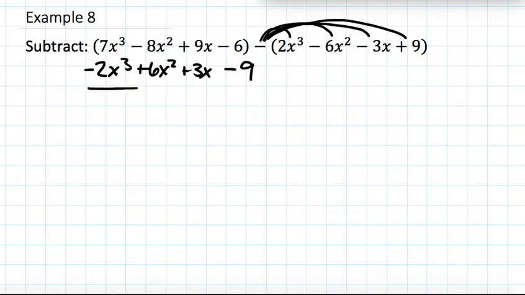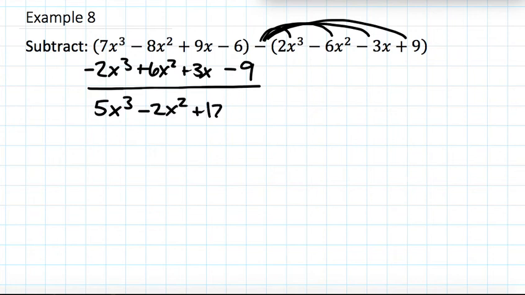So when I write it over here, I want to make sure that I have the minus sign already incorporated, so then I can just go through and add each one together. So 7 minus 2 is 5, negative 8 plus 6 is negative 2, 9 plus 3 is 12, negative 6 minus 9 is negative 15. So that's my answer.